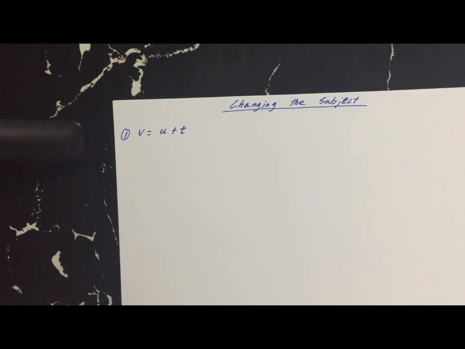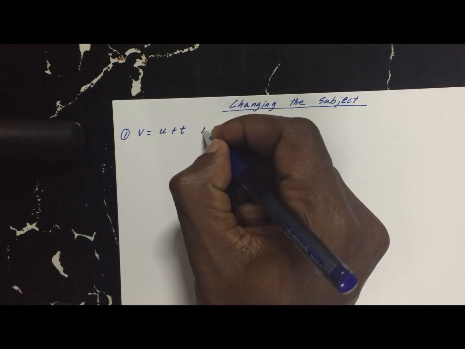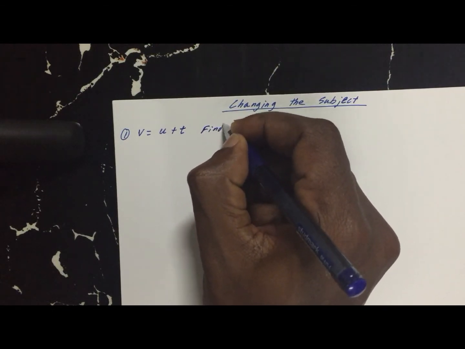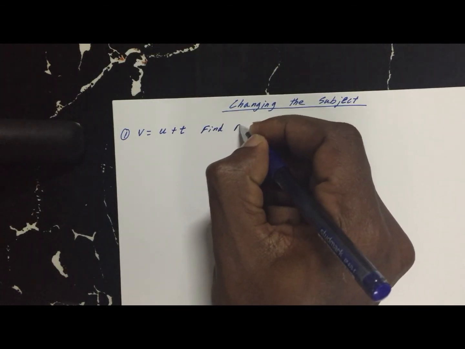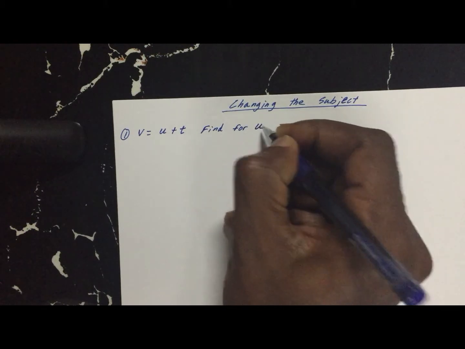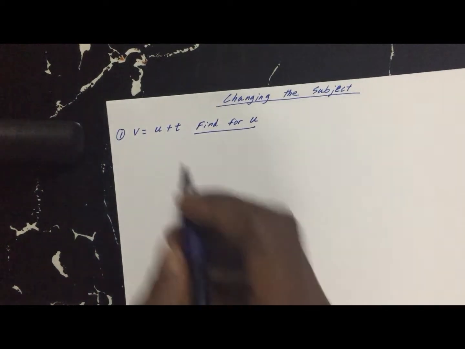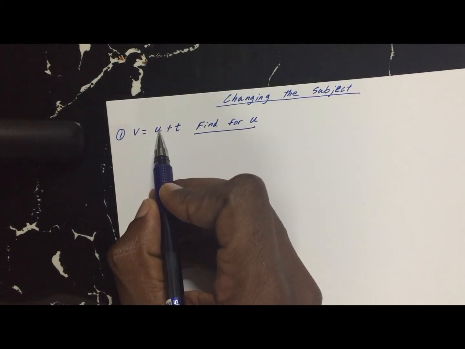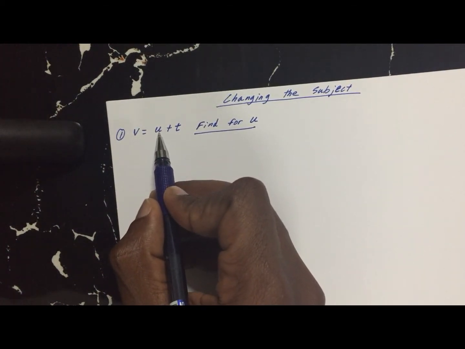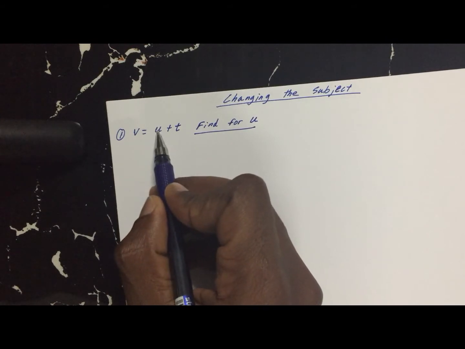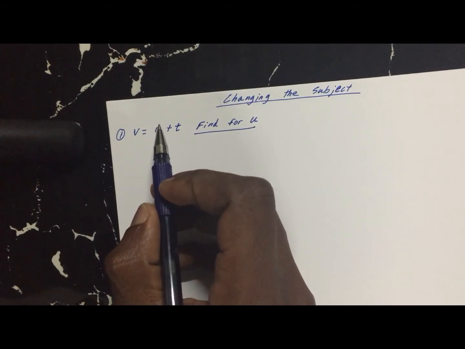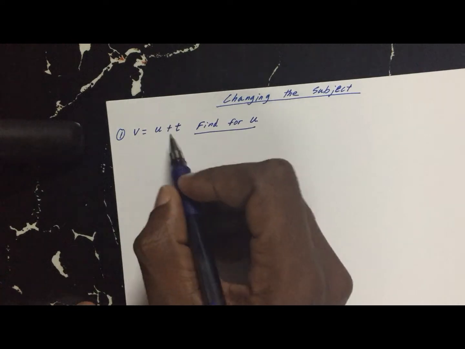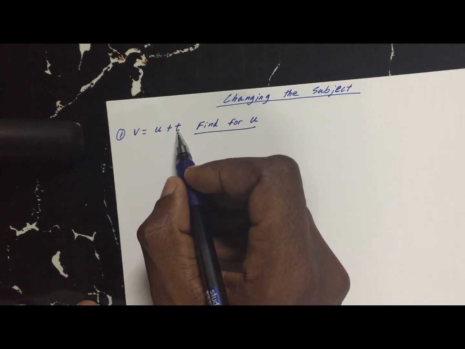Pretty simple. Now what are we finding for? We're finding for u. Okay, let's go. So basically what we're doing is taking everything away from u, leaving the u standing on this side alone. So we have plus t.